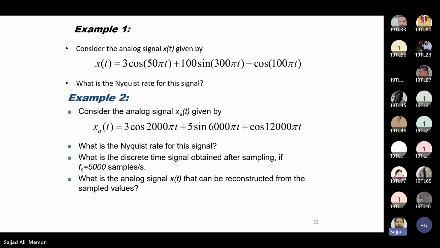I repeat again, if this is the given analog signal, then what is the Nyquist rate or the sampling frequency for this signal?